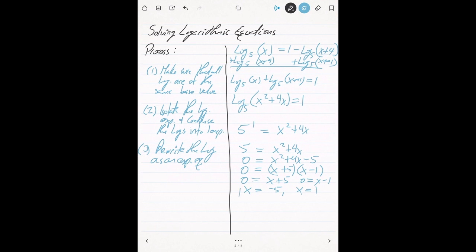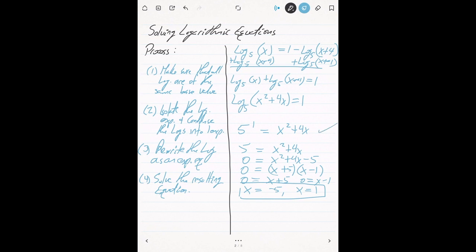So let's go ahead and write down the last step here: rewrite the logarithm as an exponential equation, and then solve the resulting equation.